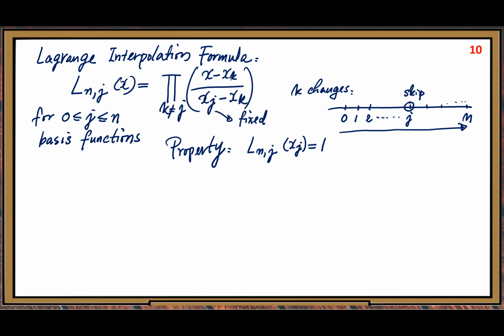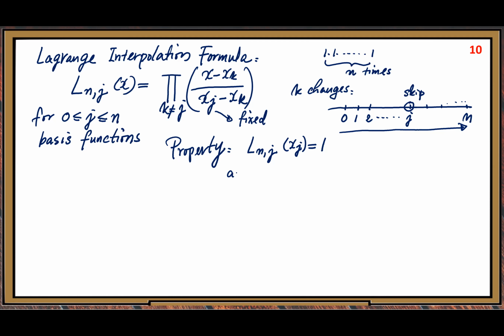If you plug in xj, the numerator and denominator are the same, so each fractional form is 1, and the product of all ones is 1.